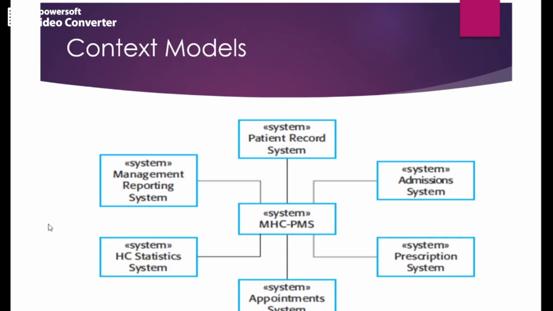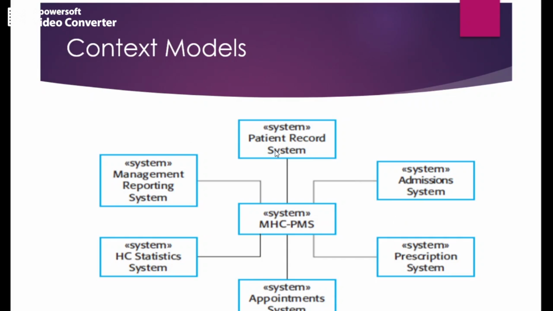Look at the representation, how we are going to represent the context model. At the center you have the stereotype system. What is your system? MHC PMS. This is the system which you are going to build. What is there in the context of your system, surrounding the system, or what lies in the boundary of the system? These are the other systems.